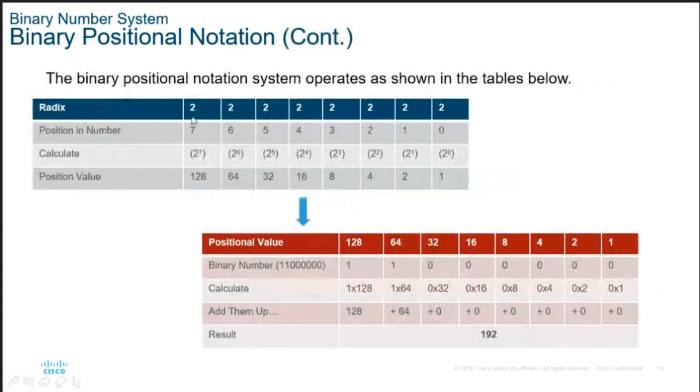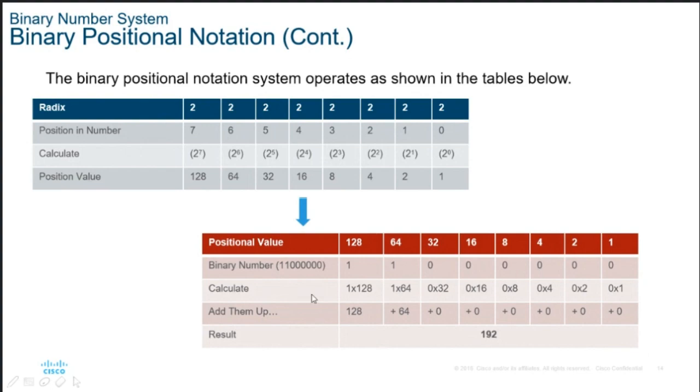Pagka naman in binary positional notation, we have the radix 2, and then ito yung position number, so 0 to 7, and calculate, ito yung mga position value natin. 1, 2, 4, 8, 16, 32, 64, 128. And then, example, we have the binary number 1, 1, 0, 0, 0, 0, 0.